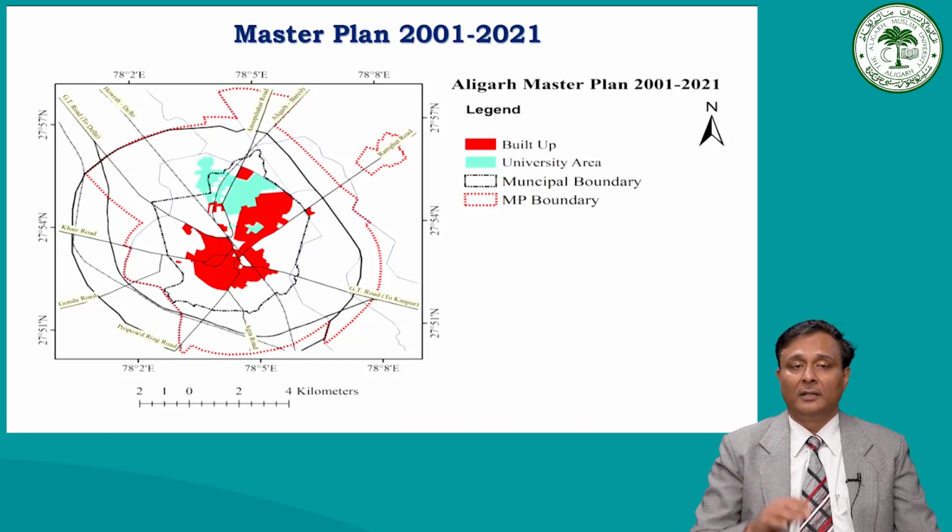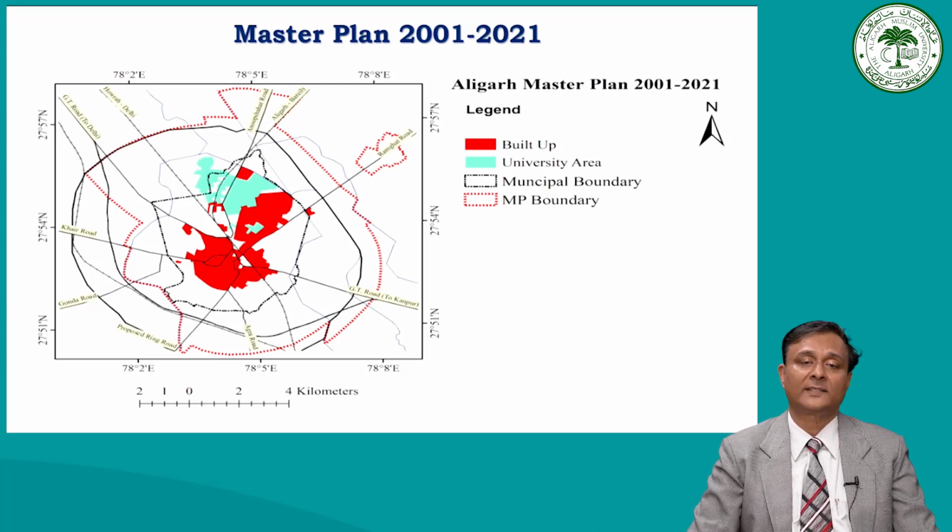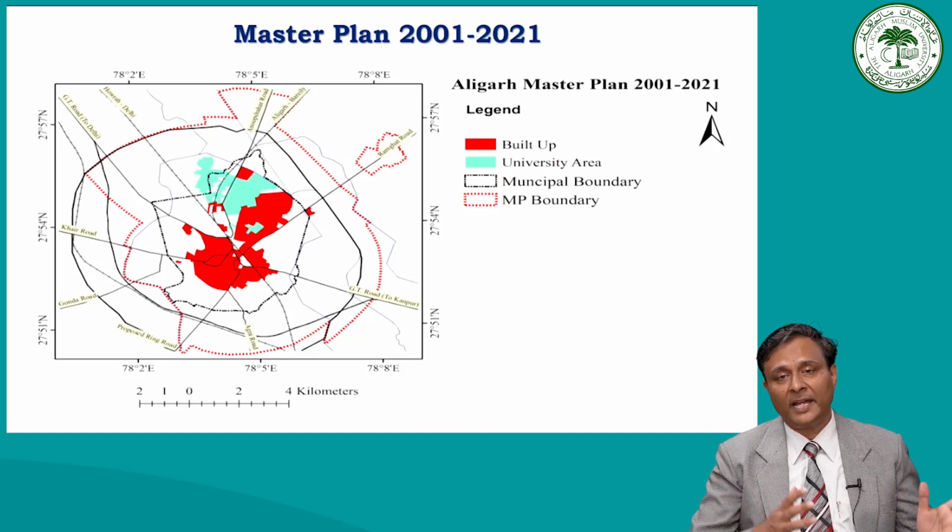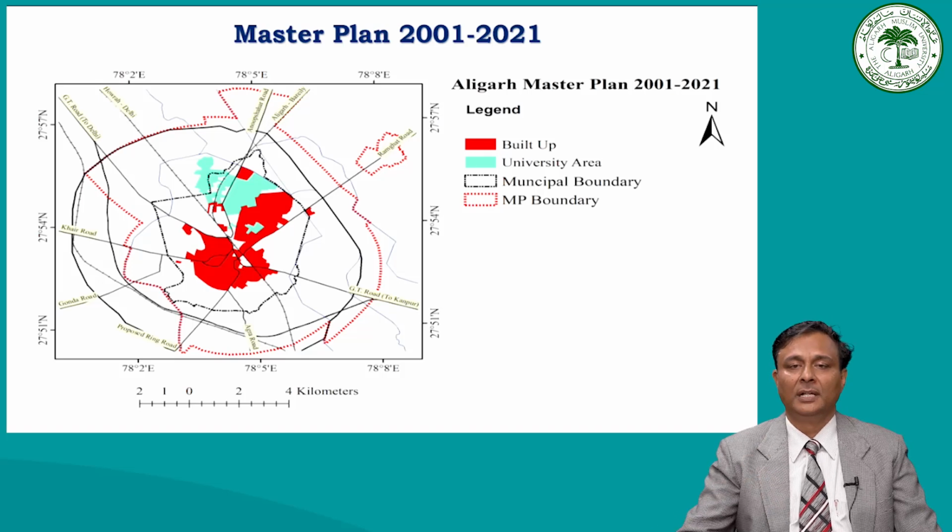So this was the built up area, another was the university area, and there is one polygon for the municipal boundary, and another is the master plan boundary. All of them I have drawn from the original data. So, new insight: exactly, we know how much area is under which land use class.